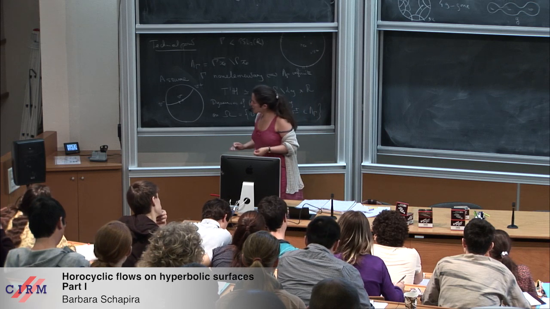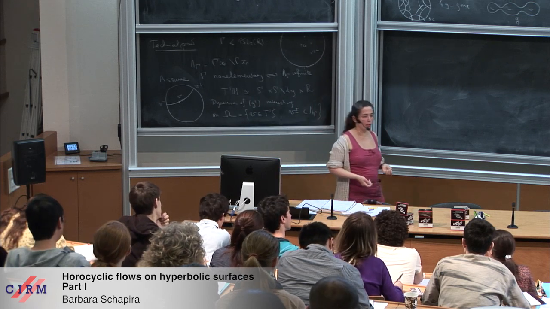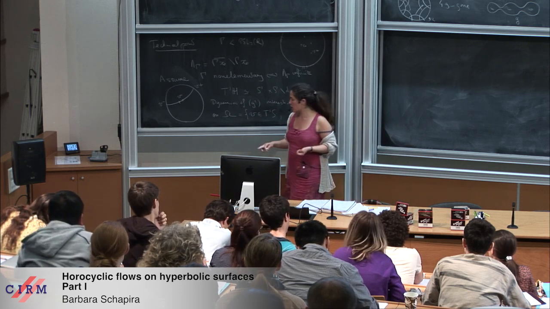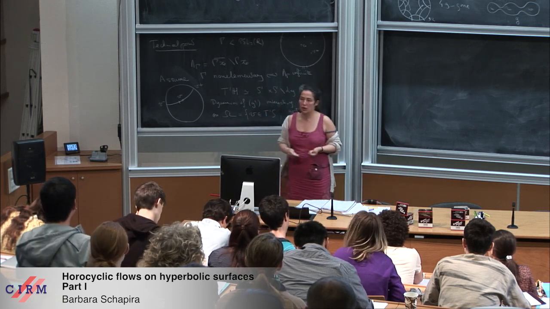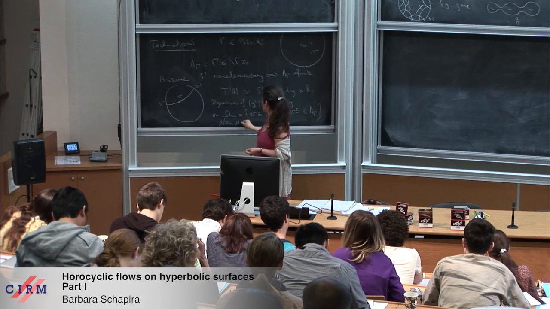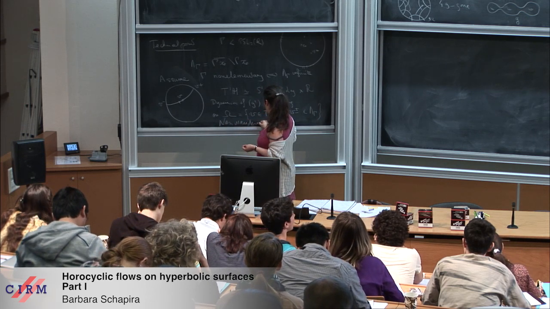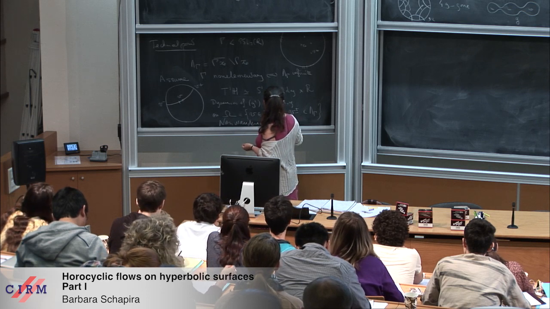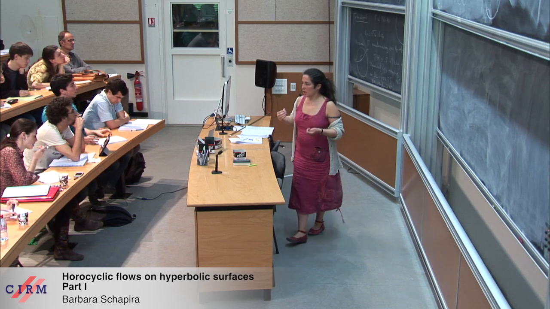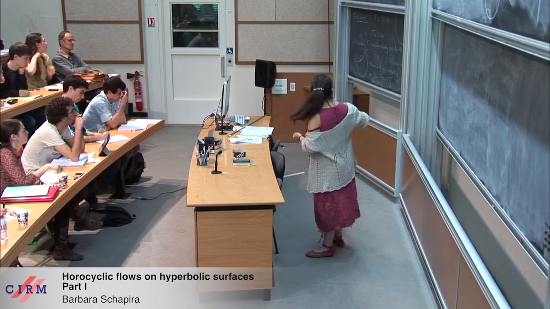So any statement that I will make on the geodesic flow, even if I forget to specify it, will hold on the non-wandering set. If you don't want to care about these details, it's not a detail, in fact. If you imagine that the surface has finite volume, it's everything.